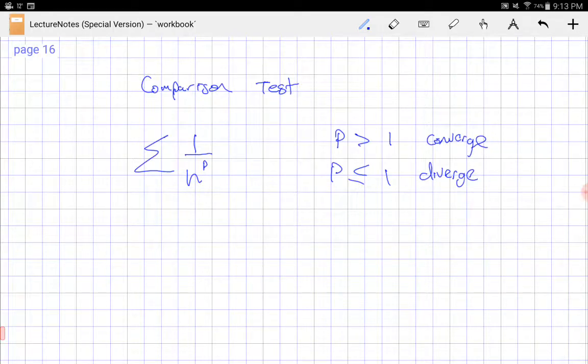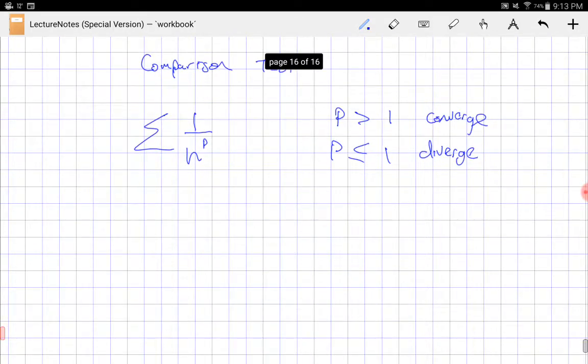So we don't usually compare to the geometric series, simply because geometric series are of a very special form in which we know the sum of the series. Whereas in the comparison test, we really just want to know whether a series converges or not.